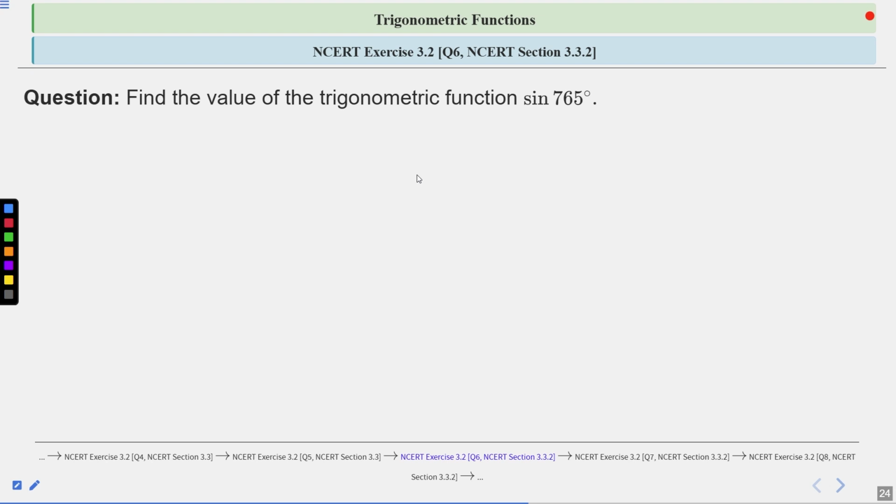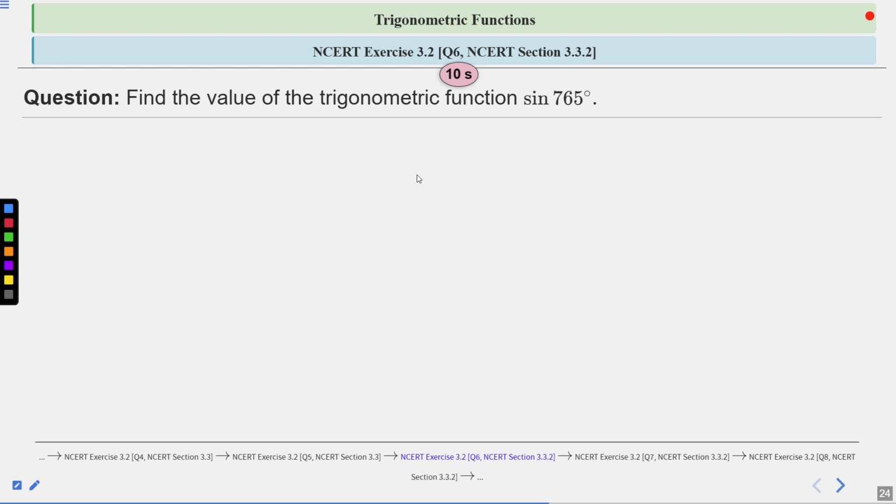NCERT Exercise 3.2, question number 6, which says find the value of the trigonometric function sine 765 degree. Again, you have some time to solve or think about this question. After that we will move to the solution part.